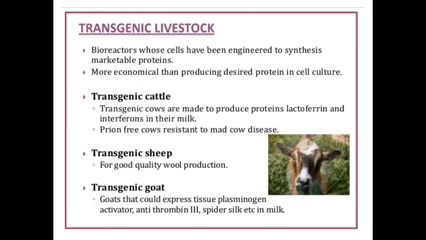Transgenic cattle are also created; the cows are made to produce the proteins lactoferrin and interferons in their milk. And prion-free cows resistant to mad cow disease have also been developed. Transgenic sheep are also produced for good quality wool and meat. Transgenic goats could express tissue plasminogen activator, antithrombin 3, spider silk, etc. in the milk.